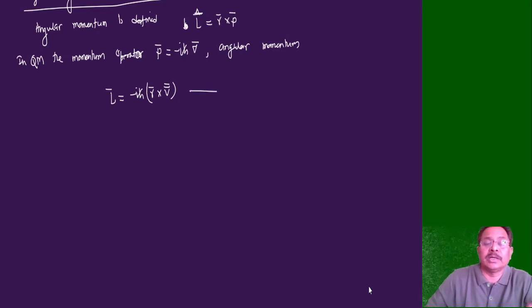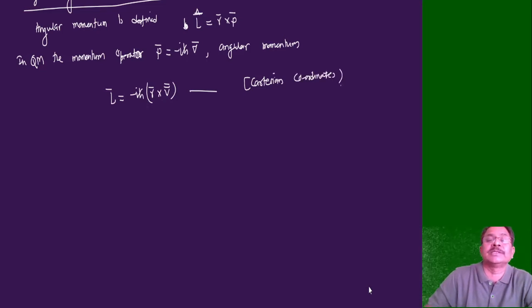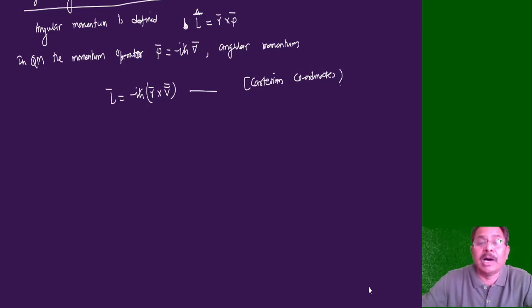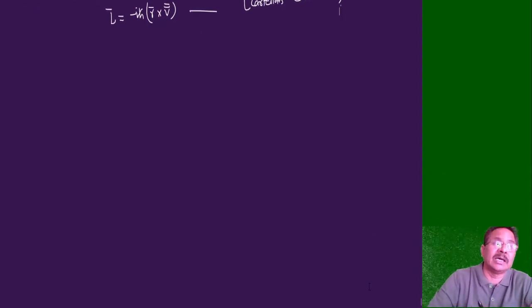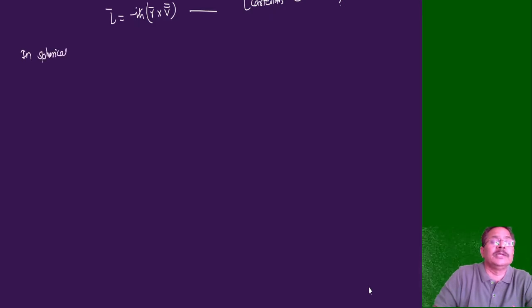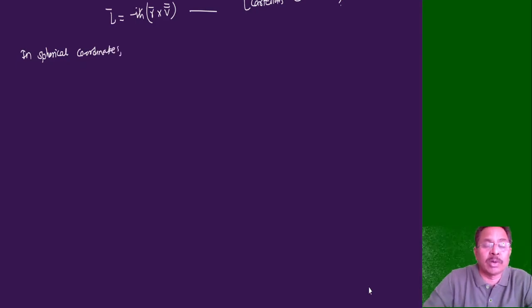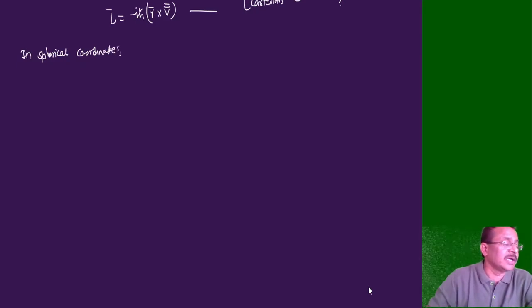This is the angular momentum operator in Cartesian coordinates. Now if I replace this del bar in the spherical polar coordinate system, I can write this angular momentum operator in spherical coordinates as follows. We will learn more about this in quantum mechanics, so we are just taking this as a given.